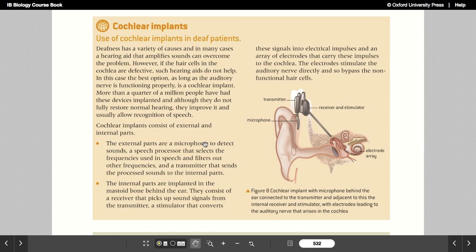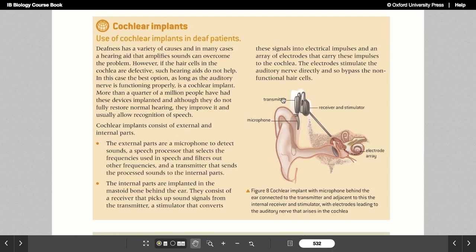So it's got internal and external parts. It'll have a little thing on the outside of someone's skull, and I would imagine they insert something into the cochlea through surgery. The external parts have a microphone, also to amplify sound, and the microphone is going to be connected to the transmitter.